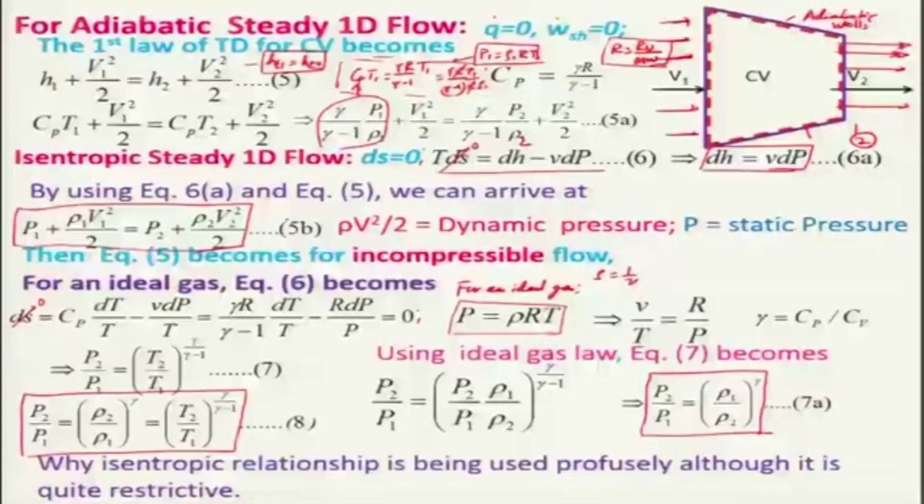In case of high speed flow or compressible fluid, the boundary layer thickness is very small, and besides this, for a nozzle or other things, the length won't be great enough for the boundary layer to grow. Then we can consider the flow to be isentropic.